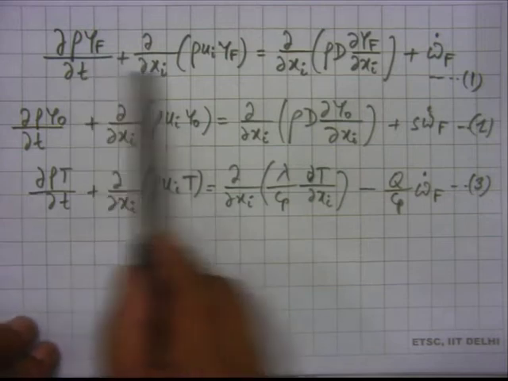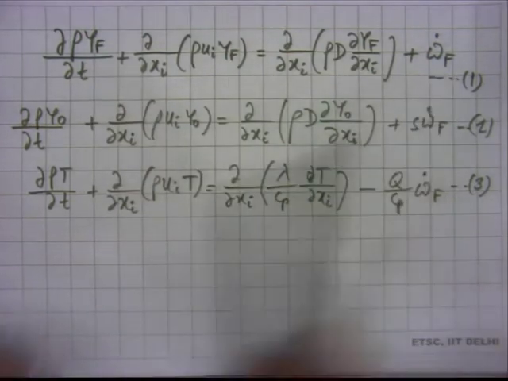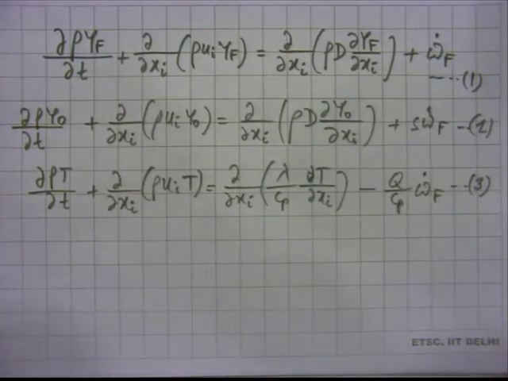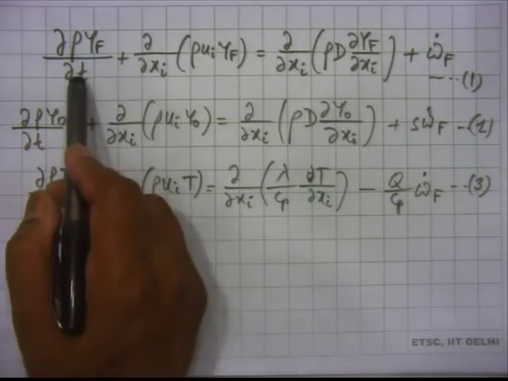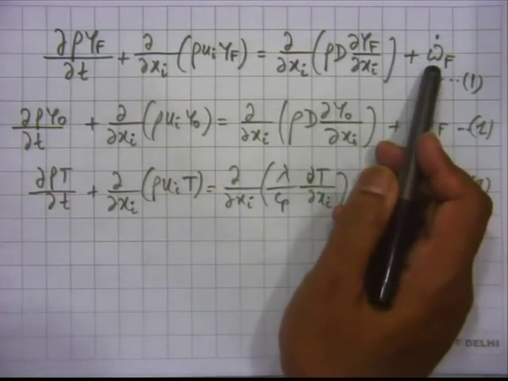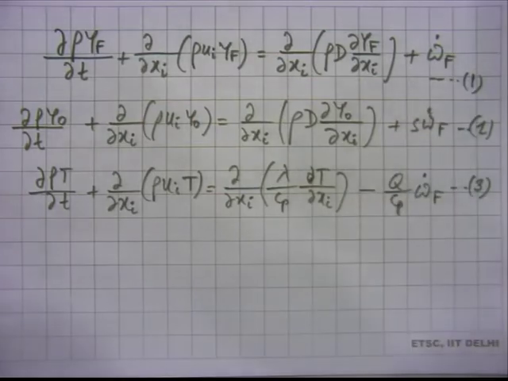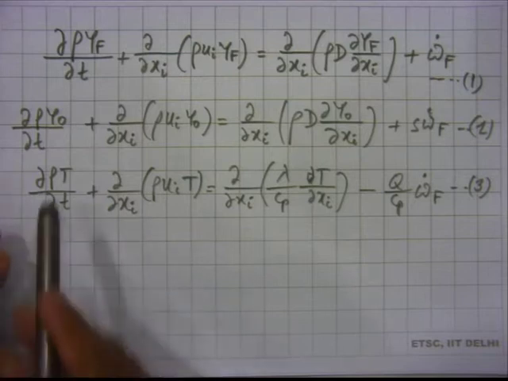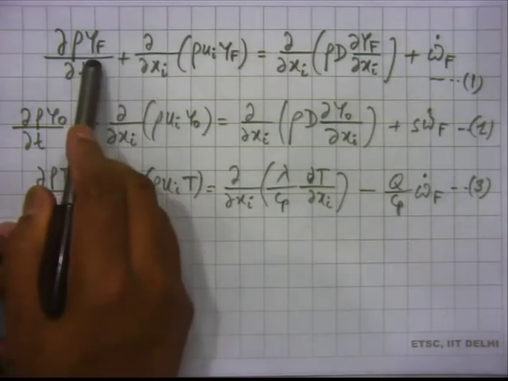I actually wrote this equation yesterday for species K, correct? So there is a transient term, there is this advection term, there is a diffusion term, then there is a source term which we called omega dot f. So this is for the fuel mass fraction. So we kind of understand this even though we have not rigorously derived this. So this is the fuel mass fraction equation.